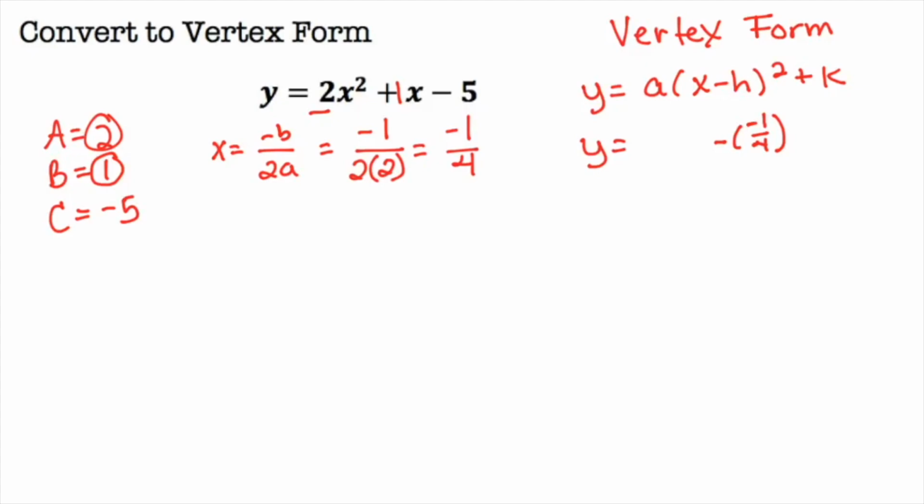So now we're going to take negative 1/4 and we're going to plug it into wherever x is in our problem. So we have 2 and we have negative 1/4 squared plus negative 1/4 minus 5. So then you're going to find what negative 1/4 squared is.